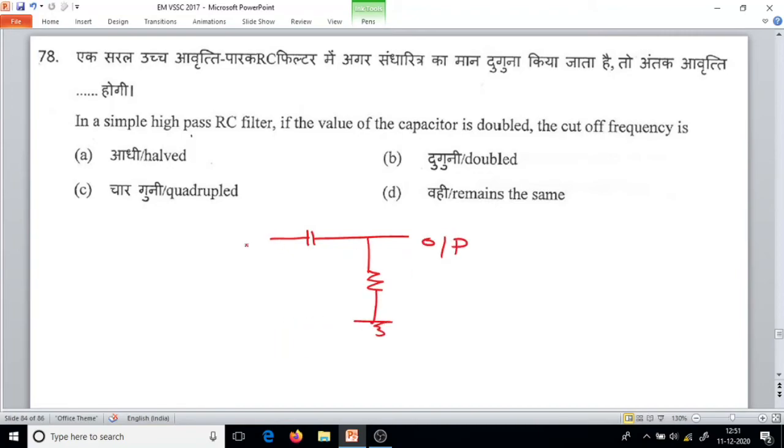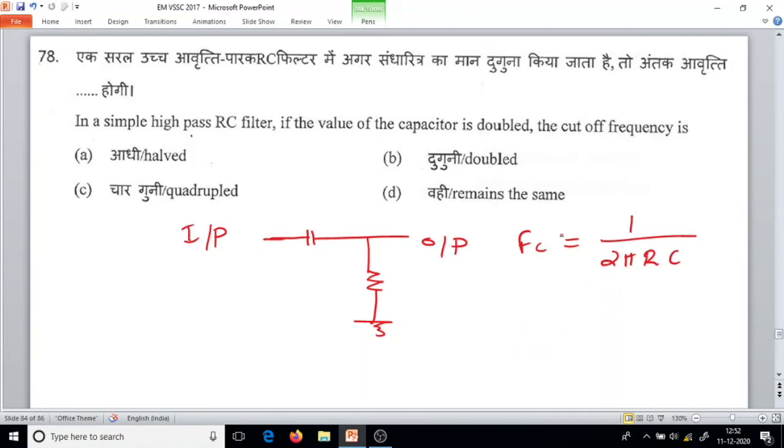This is the input, this is the output. In this filter, high frequency will pass through, low frequency will go to the ground. What is the cutoff frequency of a high pass filter? 1 by 2 pi RC. It is the same for a low pass filter also.